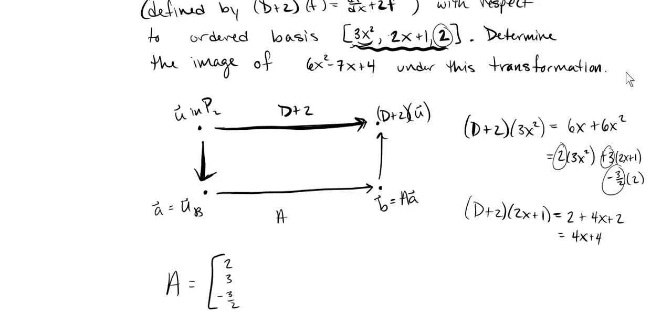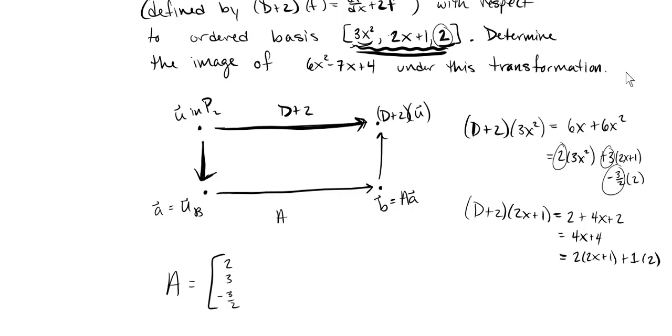But we do need this in terms of these basis vectors so we can find its coordinates in that basis. Well, I'm just trying to match things. You can do this more systematically. I'm trying to make 4x out of the only thing in this basis that has a single power of x, and that's the middle basis vector. So I'll need 2 of those. But I have the 4x I need, but that just gives me 2. I better add 1 copy of that last basis vector. 1 copy of 2 will fill it out.